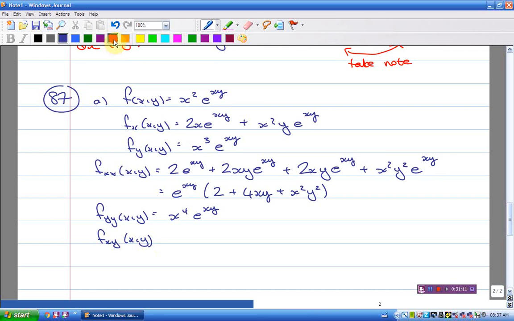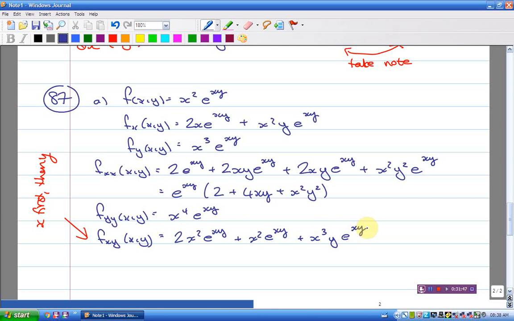So the xy derivative is x first, then y. In other words, I take my x derivative and I differentiate it with respect to y. My x derivative has two terms, and as far as y is concerned, only the second one is a product. So what are we going to get? We're going to get 2x squared e to the xy plus, now product rule, x squared plus, and then we bring an x down and it's x cubed y e to the xy.